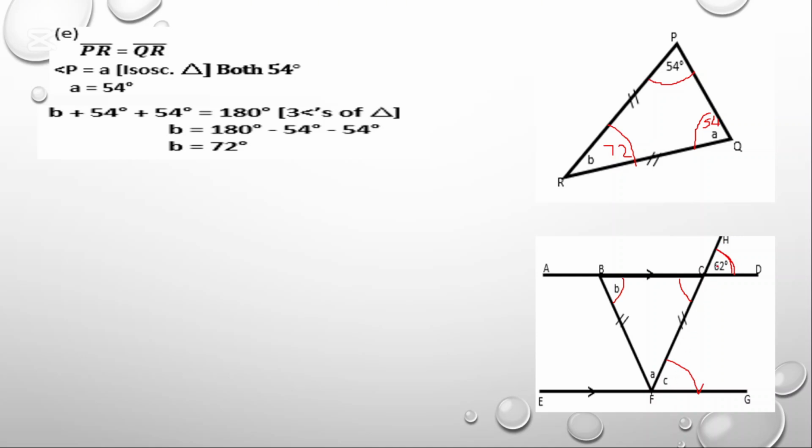Both above the transversal, corresponding angles. Right, so you can say AD is parallel to EG, but you start with C is equal to 62 degrees, corresponding angles. Both above, both on the right hand side of the transversal. Then the next one, so we have now C is 62.